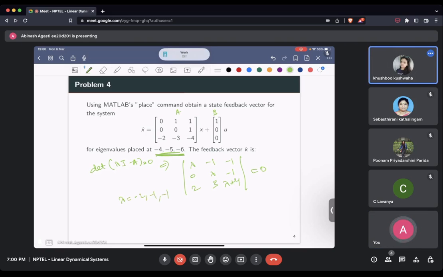Okay. So let's just verify that. We have lambda.